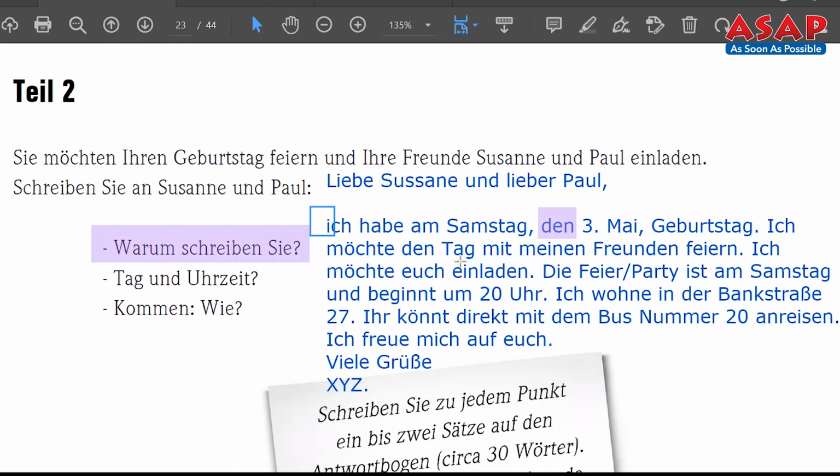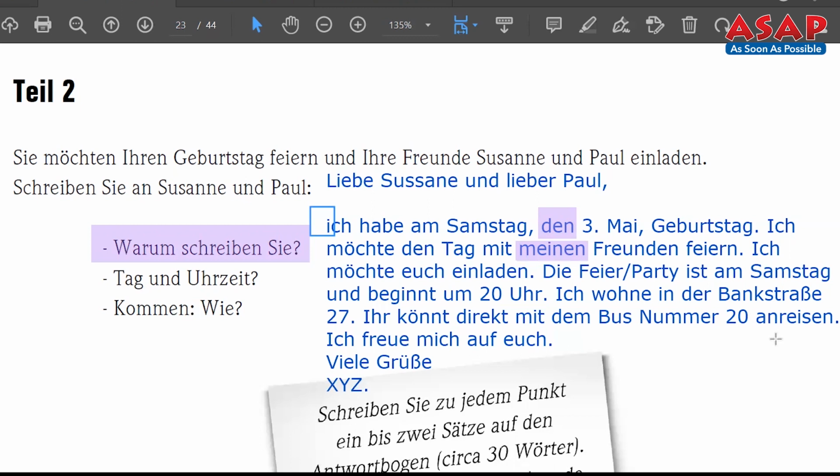Then comes the next sentence. Ich möchte den Tag mit meinen Freunden feiern. I want to celebrate the day with my friends. Even if you remove this word meinen, still it is okay because it will mean the same. Ich möchte den Tag mit Freunden feiern. I want to celebrate the day with friends. Of course, whose friends? My friends. Now, ich möchte euch einladen. I want to invite you guys.